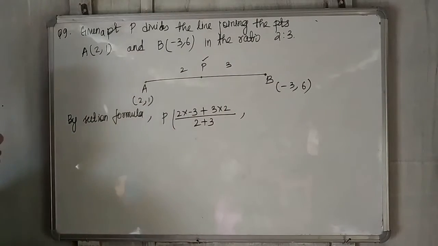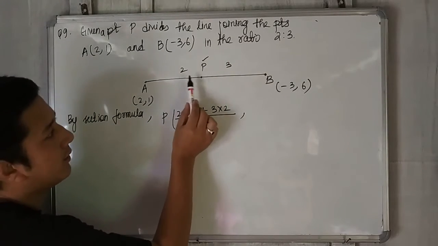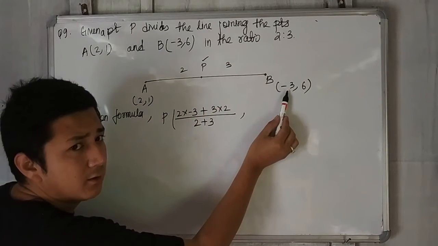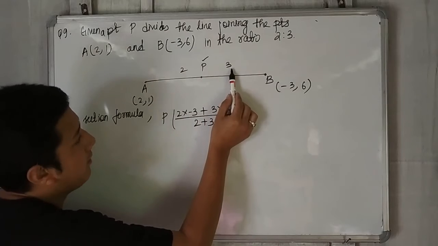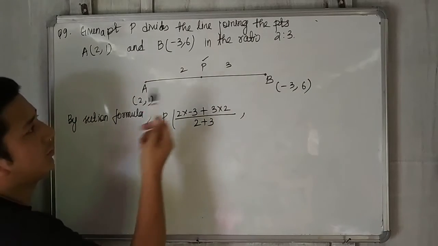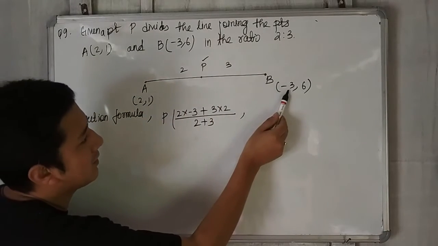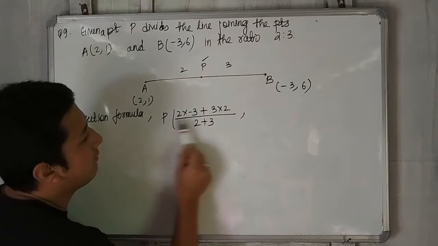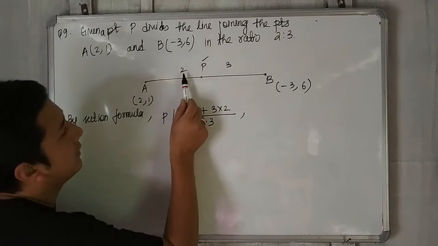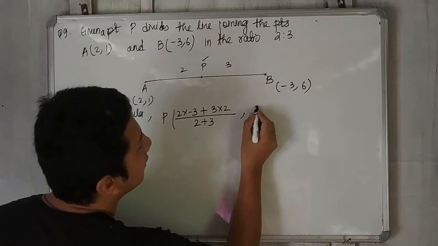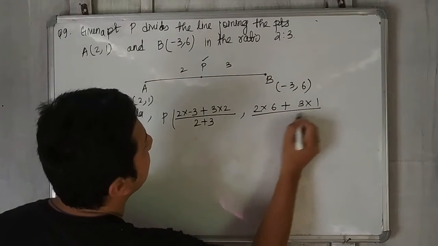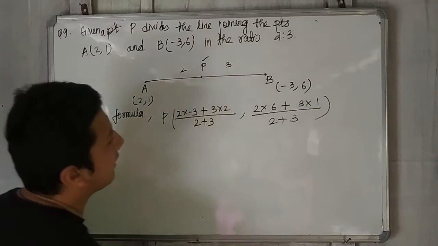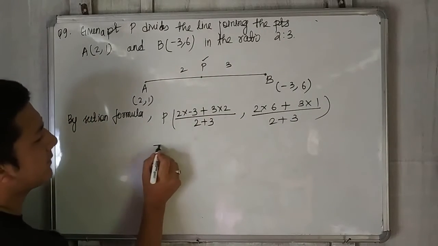Now the section formula is m1x2 plus n x1 or mx1 plus nx2. You can take it any way, this into this plus this into this, divided by 2 plus 3, comma, then 2 into 6 plus 3 into 1 divided by again 2 plus 3. So this is how we find the coordinates, by using the section formula.